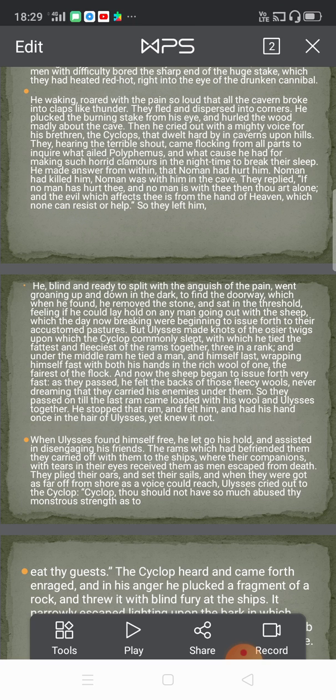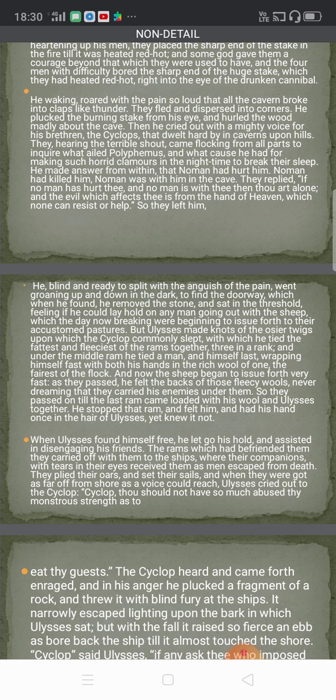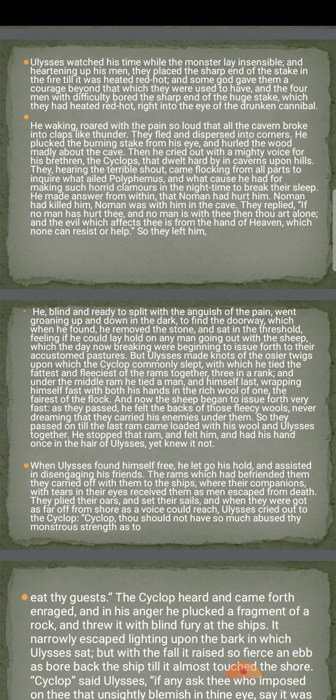So a man was tied under the stomach of that ram, and then he pushed that ram outside of the cave, and himself last, wrapping himself and holding fast with both his hands in the rich wool of one, the fairest of the flock. Flock means the sheep.